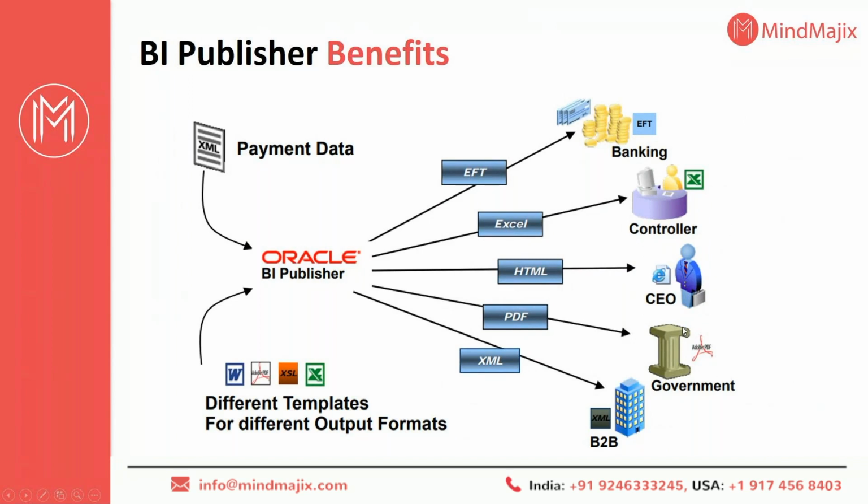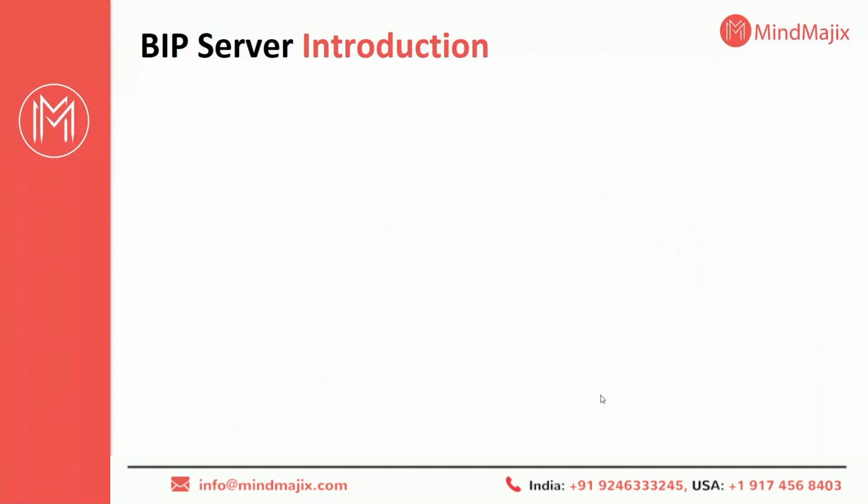Government adoption will go with PDF files, and business-to-business end users will get data files or XML. So the same reporting solution can be used across all the requirements in that organization. This is how BI Publisher helps in getting a single and simple solution for all the reports. So this is basically about BI Publisher.